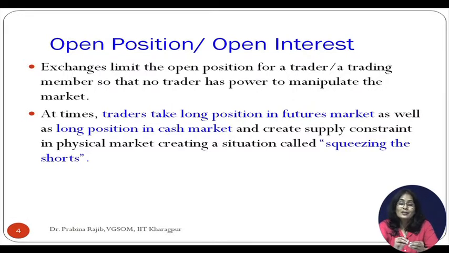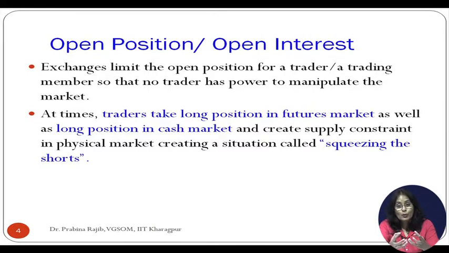At times, traders take a long futures position in the futures market, and simultaneously they take a long position in the cash market. That means they start buying and acquiring the physical underlying. So they now have a long futures position and they own the underlying asset.